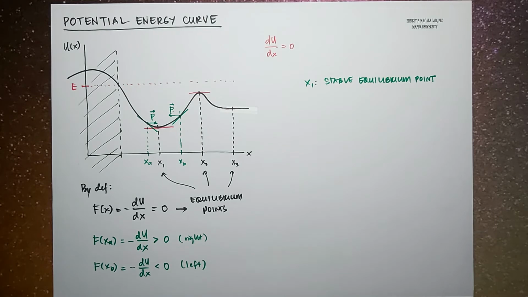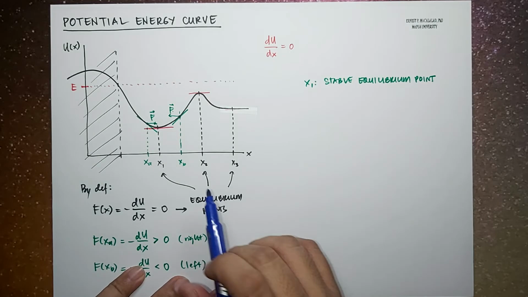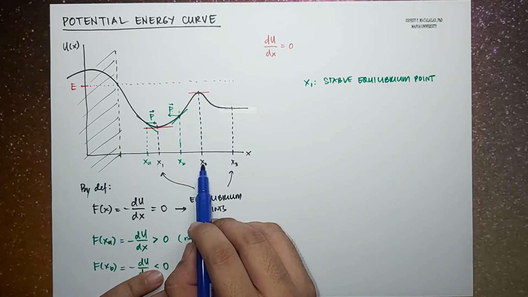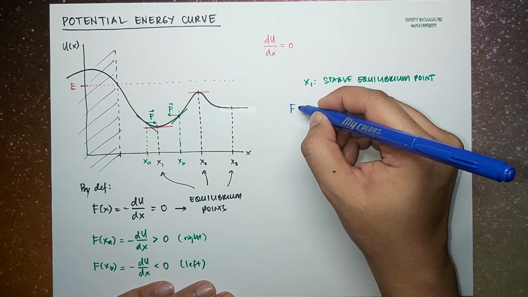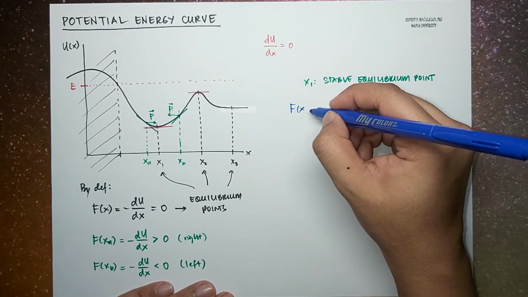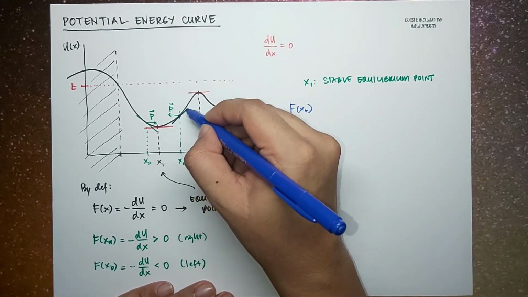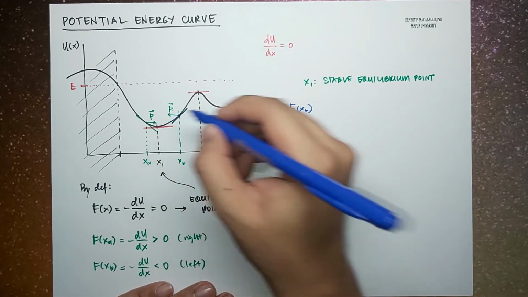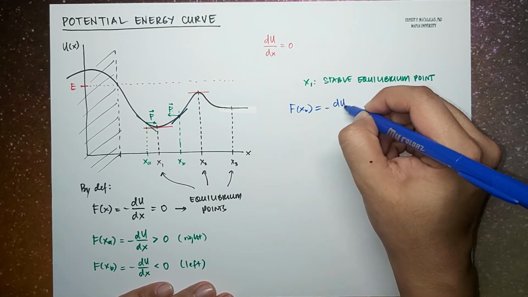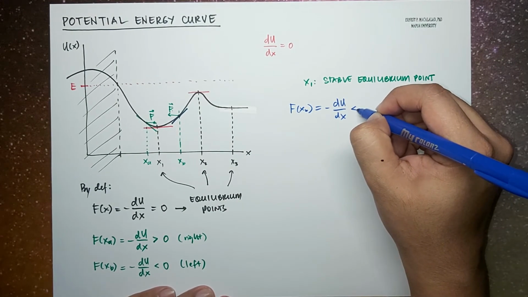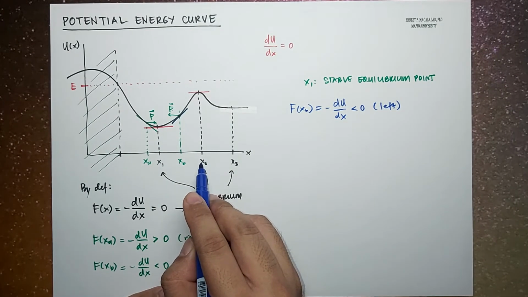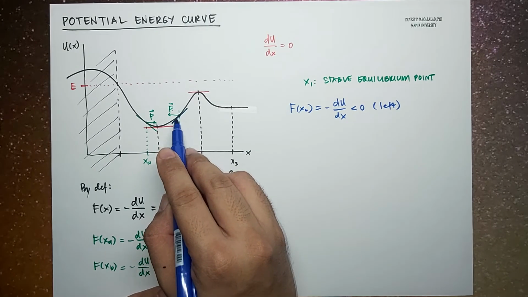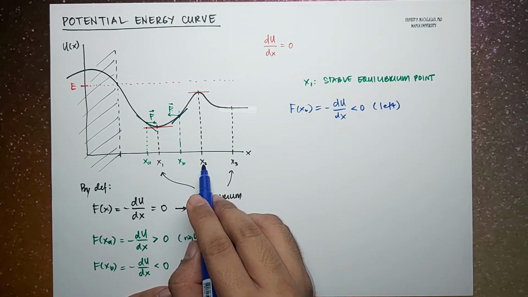Now, on the other hand, let's consider point x2. Let's say the particle located at x2 is placed to the left, at xb. We already know that the force at xb, because the slope is positive, which is the negative derivative of U with respect to x, will be negative, or to the left. So the particle placed at xb will move away from x2.